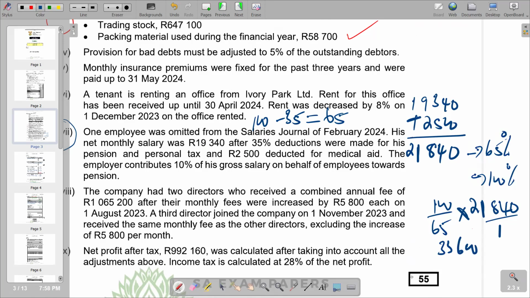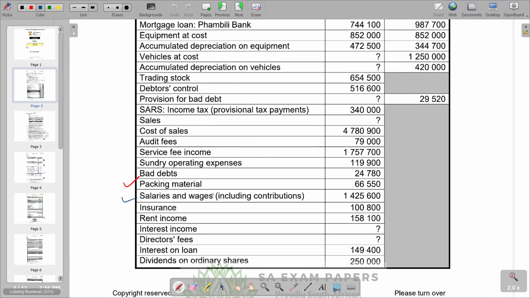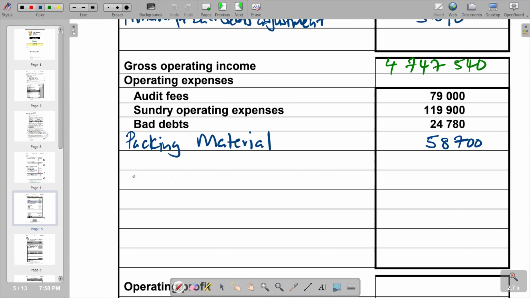So we're supposed to add this 33,600 to the salary amount that we're given, 1,425,600. So we are saying salaries and wages, and the ones that we have in the list is 1,425,600.